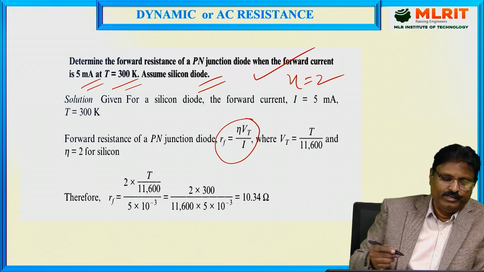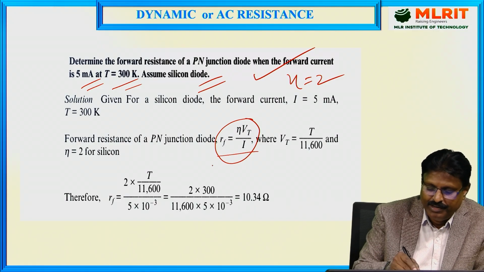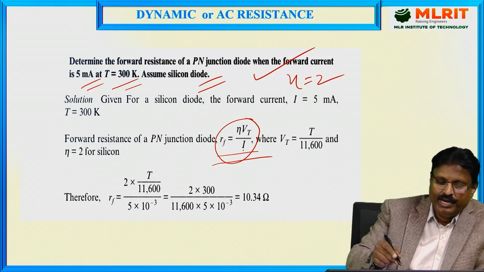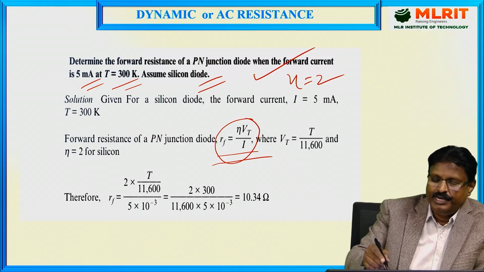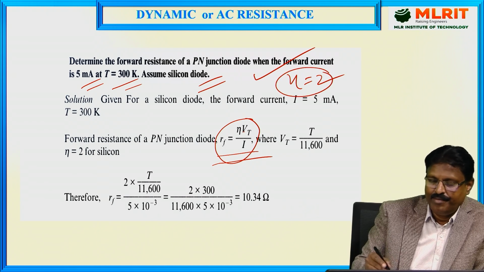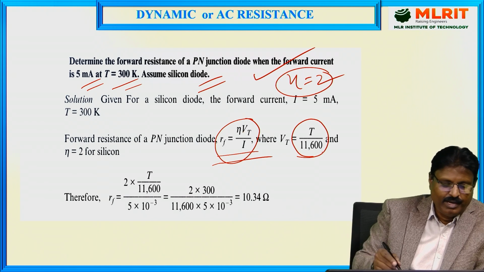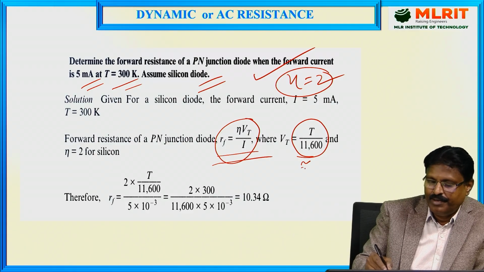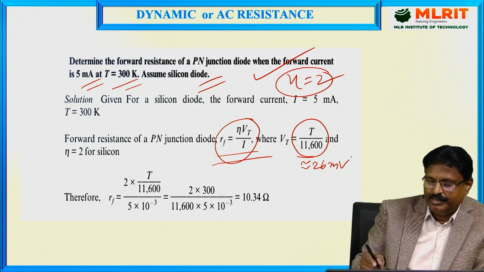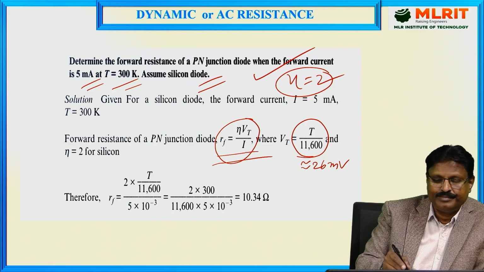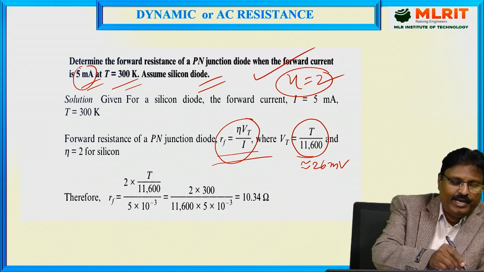So what is the formula we got here? Rf is equal to eta Vt by I. The eta value is given as 2 because it is a silicon diode, and Vt means volt equivalent temperature. If you calculate Vt at room temperature, it will be approximately equal to 26 millivolts. The I value given here is 5 milliamperes.